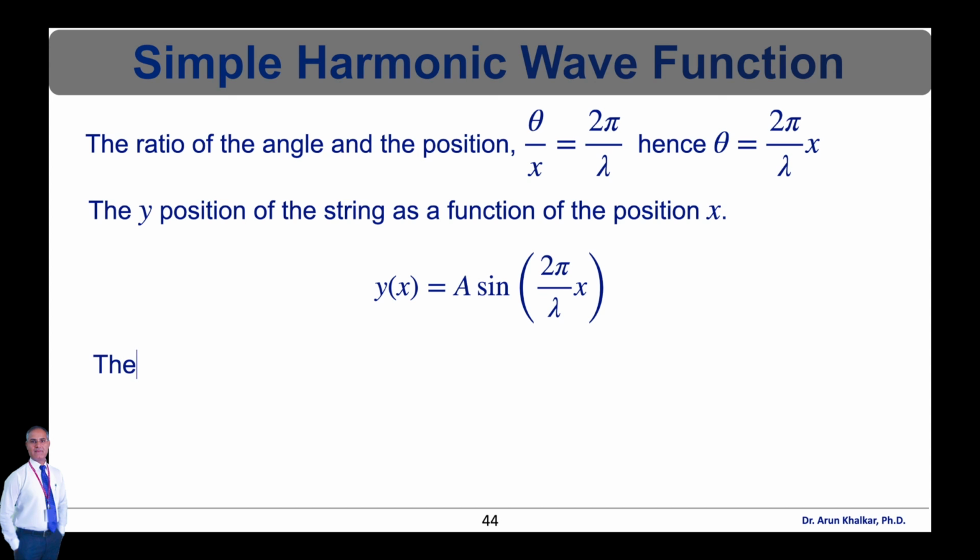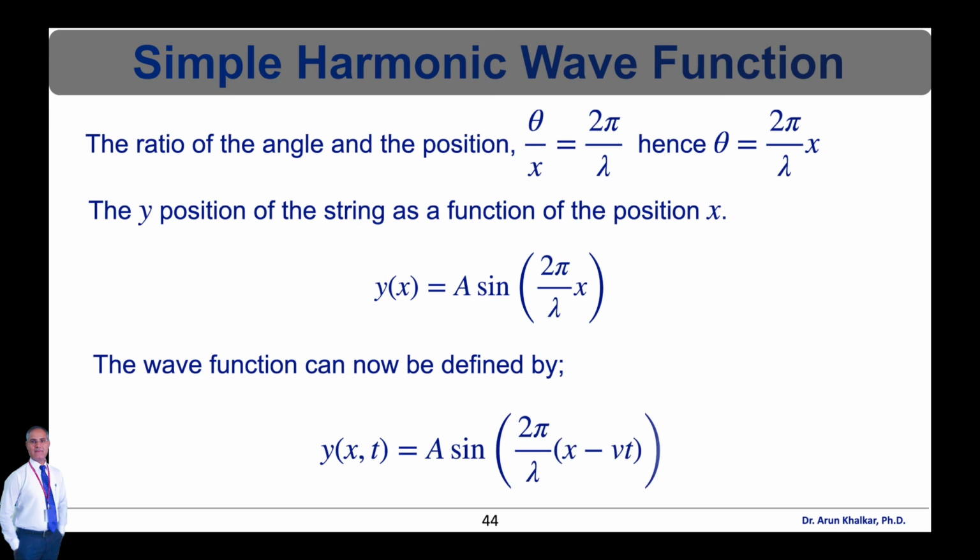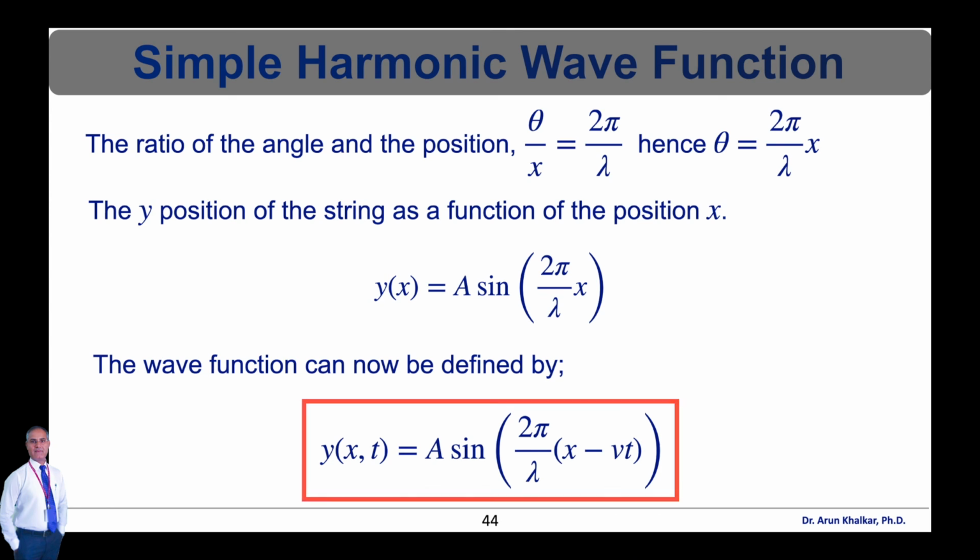The wave on the string travels in the positive x direction with constant velocity v and moves a distance vt in a time t. The wave function can now be defined by y of x,t is equal to A sine of 2 pi upon lambda into (x minus vt).